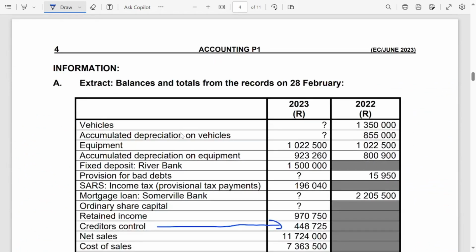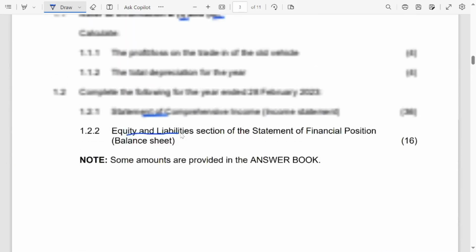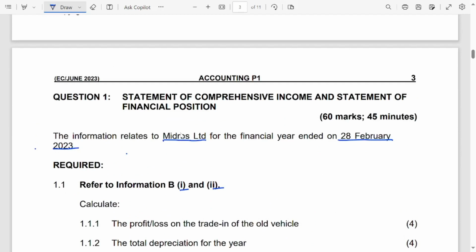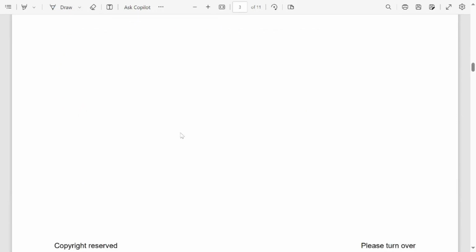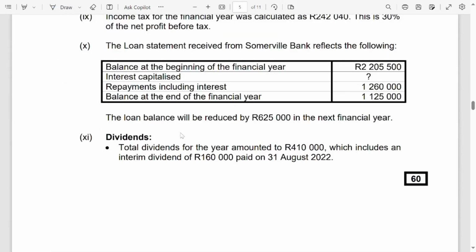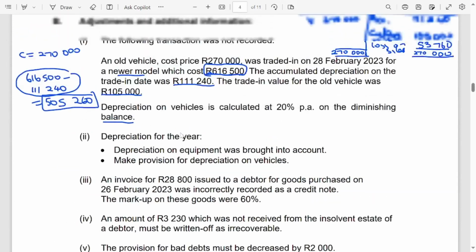The year ends on 28 February 2023. So it means that this year starts on 1 March 2022 and ends on 28 February 2023, right? So let's come back here.